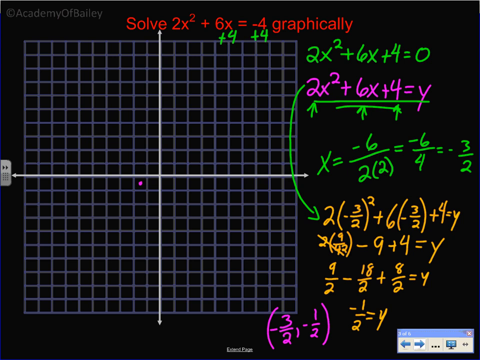And we need to go ahead and graph the rest of the function. I know since a is positive that it's going to open up.